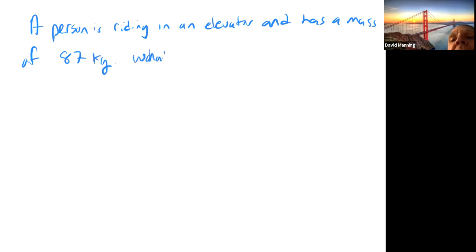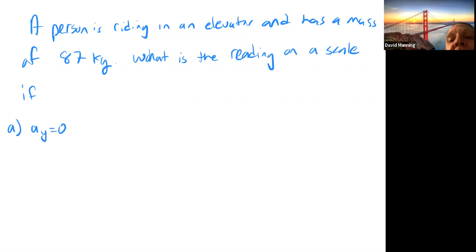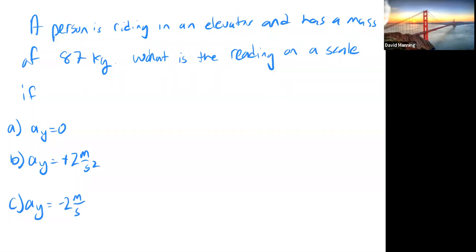What is the reading on a scale if part A, the acceleration in the y equals 0, part B, the acceleration in the y is positive 2 meters per second squared, and C, the acceleration in the y is negative 2 meters per second squared.